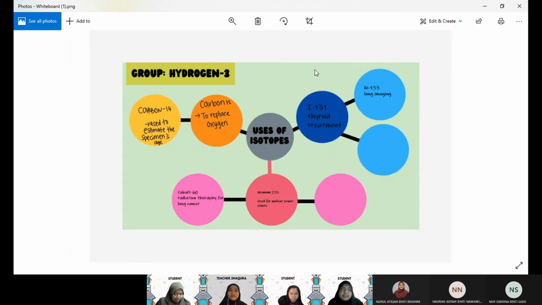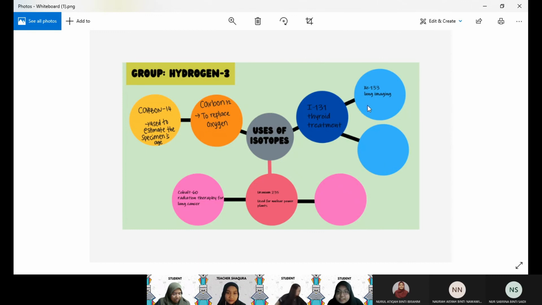Okay, these are the uses of isotopes that we found. First is carbon 14, which is used to estimate the specimen's age. The second one is carbon 12 to replace oxygen. And in the blue circle is iodine 131, which is used for thyroid treatment.